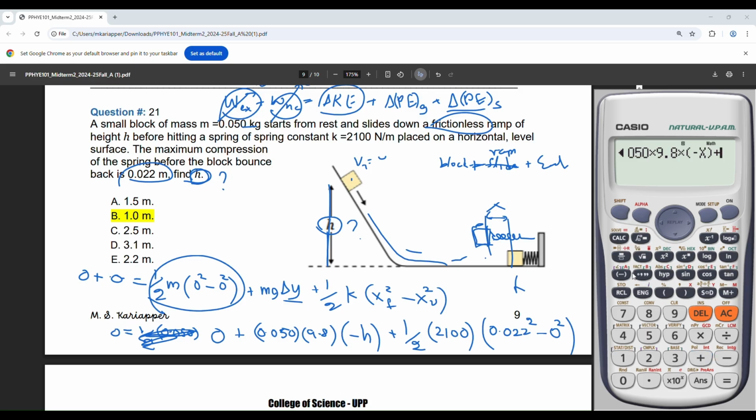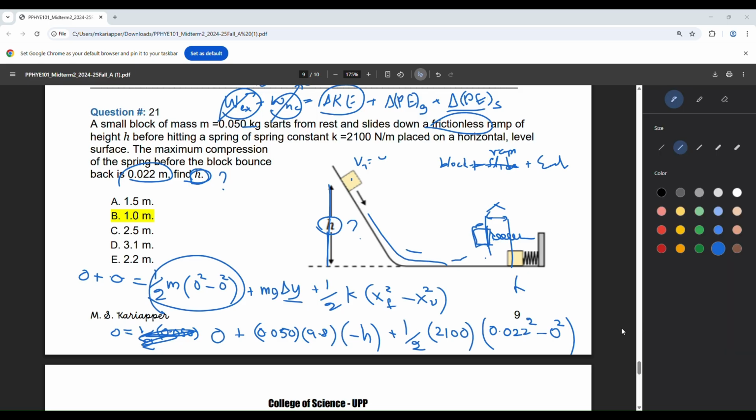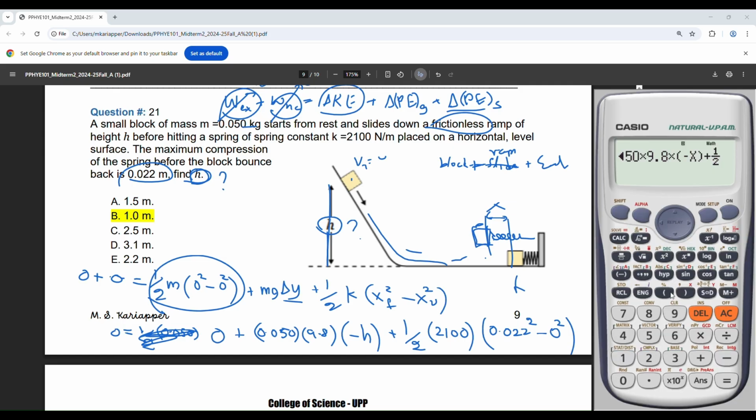So 9.8 multiplied by negative x. Does it make a difference if I use the minus? Probably not if you put the bracket, but if you don't put the bracket, it will be a problem. Then the multiplication sign.